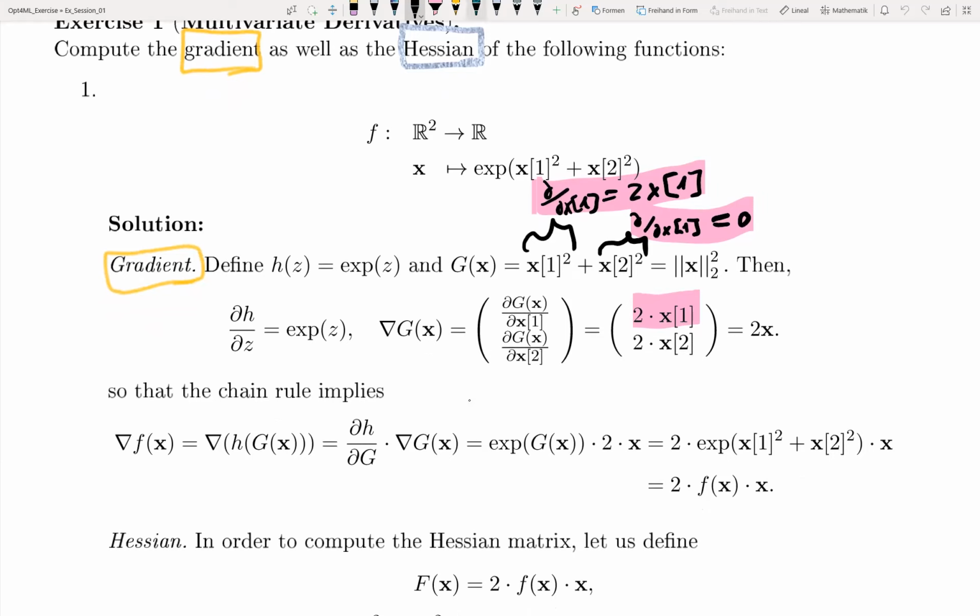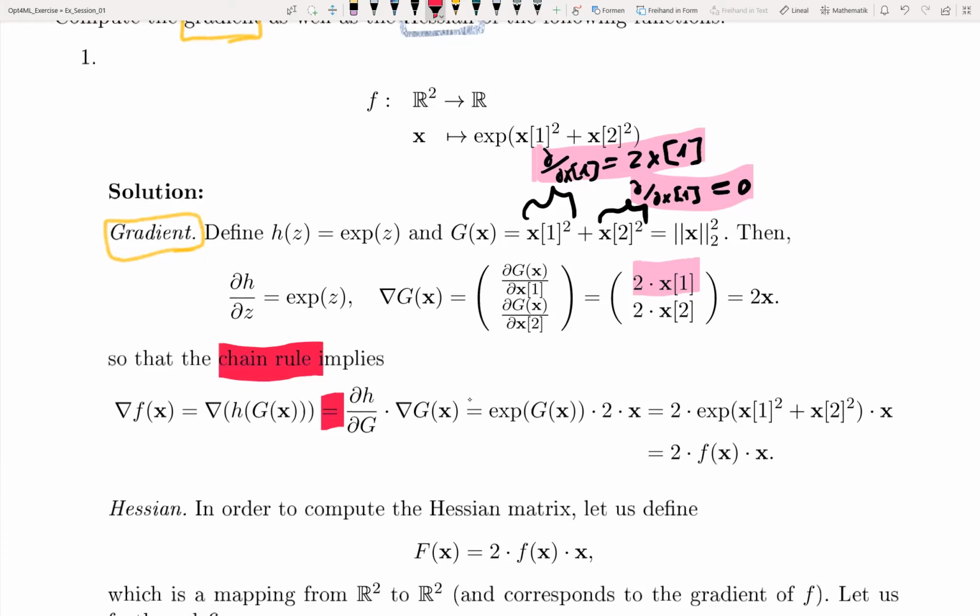Now we use our chain rule, which is telling us this. So the gradient is equal to the outer function derivative evaluated at the inner function times the gradient of the inner function. All right, we have everything together.